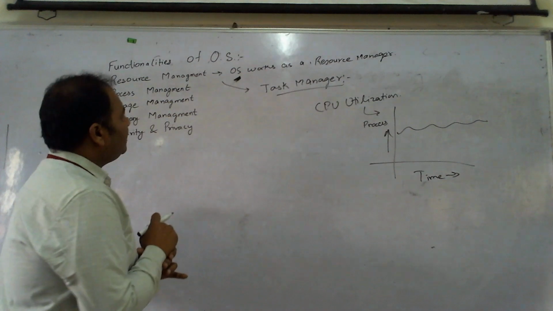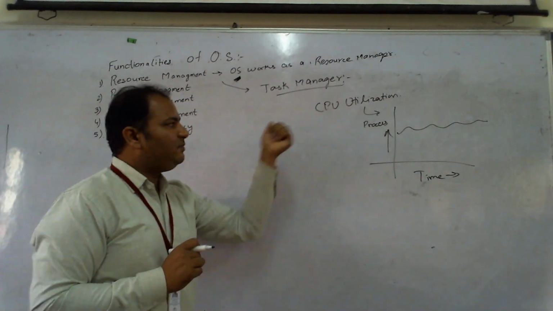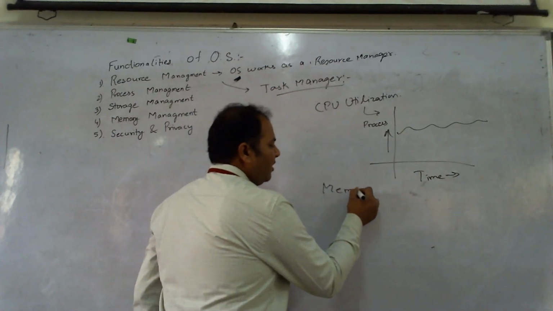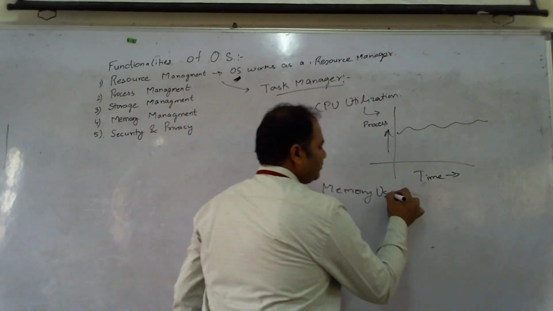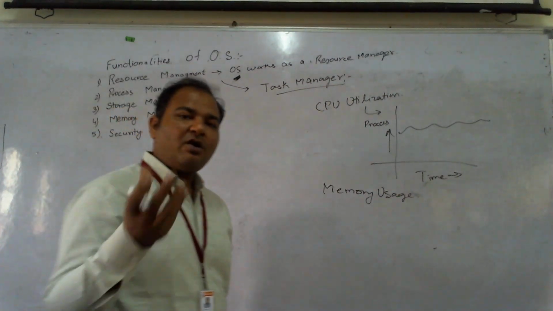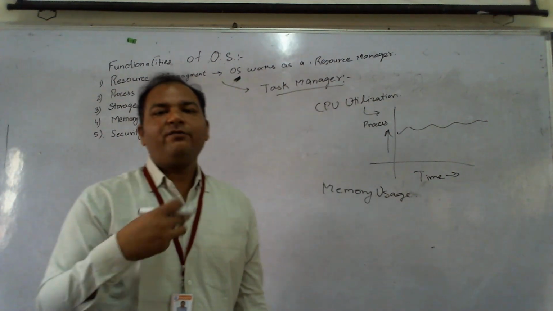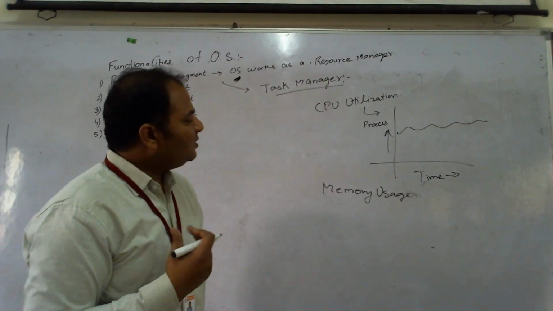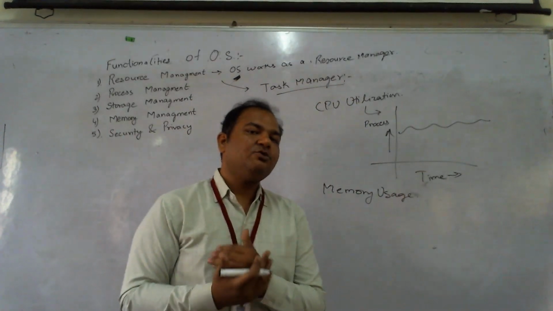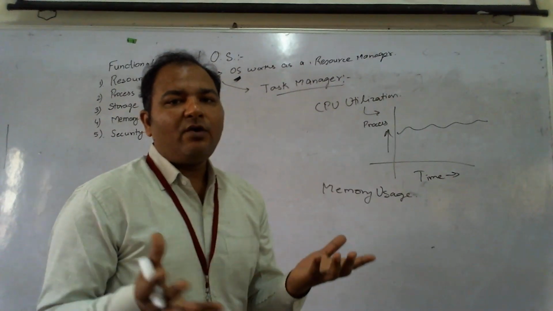Next, in the task manager we can see the CPU utilization and also the memory usage. Memory usage means how much memory is allocated for a process that comes to the main memory, so that it may get to the CPU for execution.